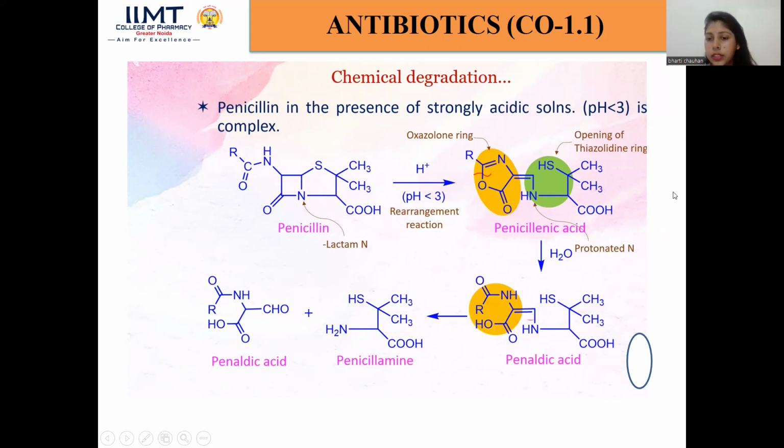Further, when we do the hydrolysis of this structure, it forms penillic acid. Further on breaking down, it forms two compounds, which are penilloic acid and penicillamine.